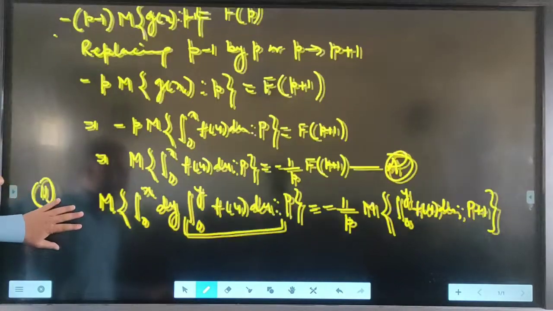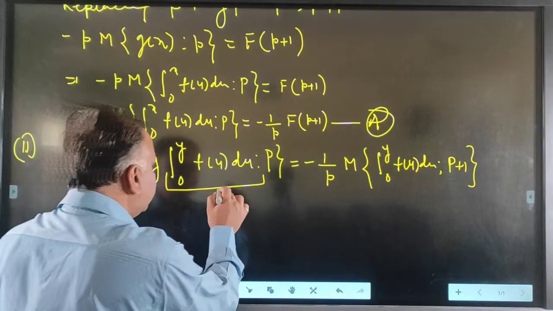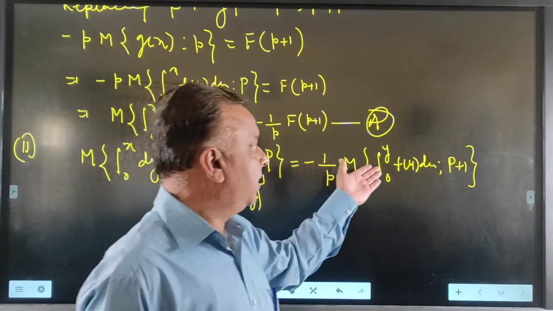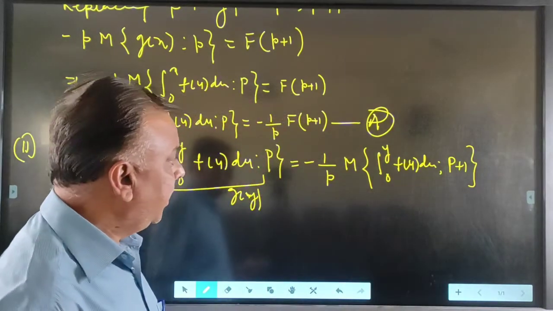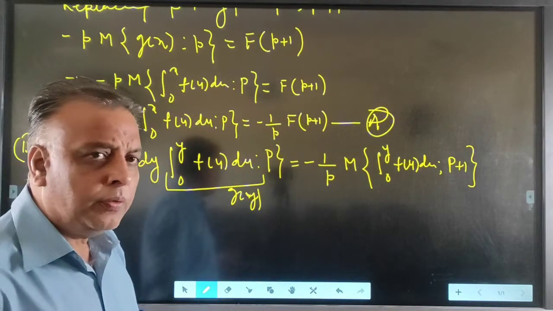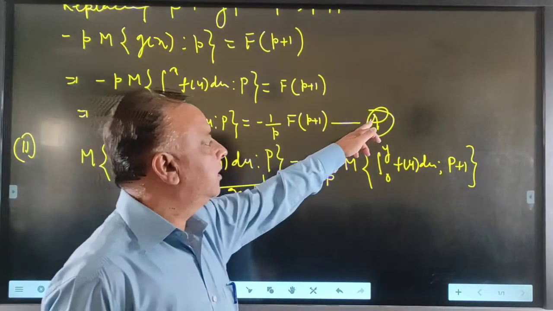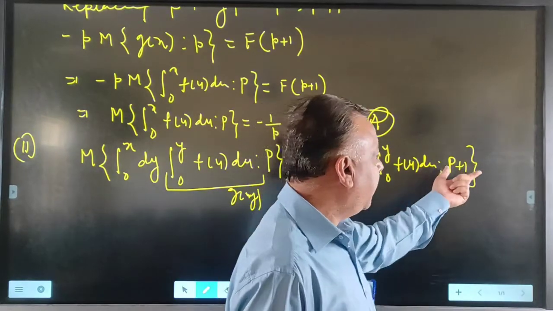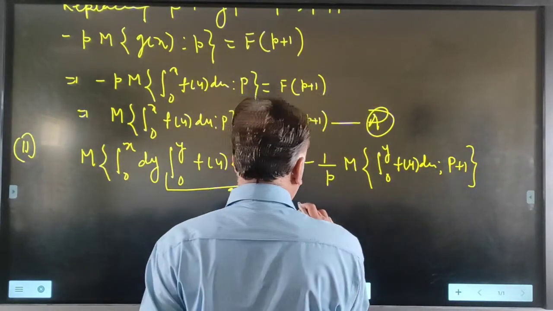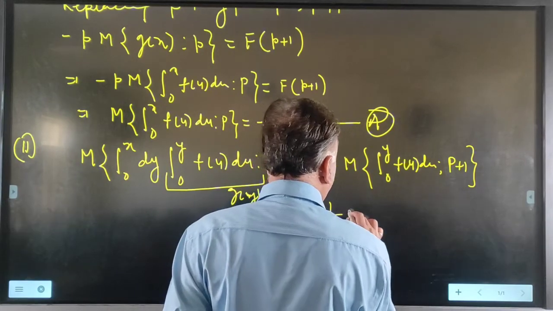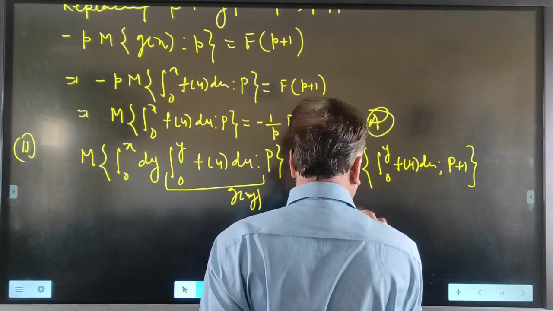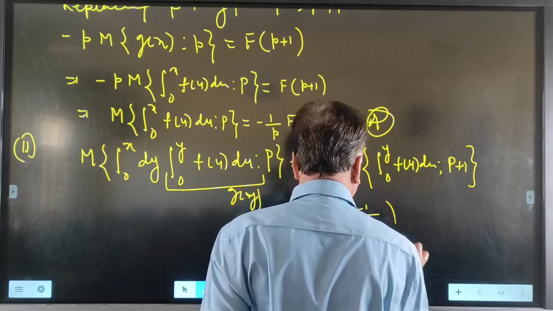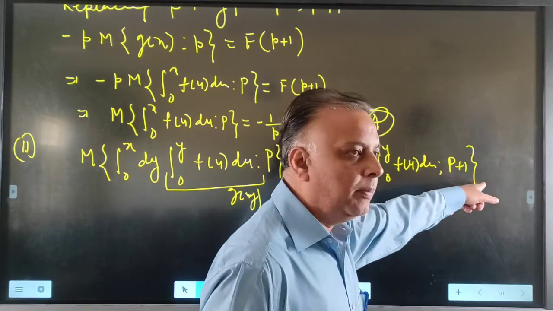Again applying result a, the Mellin transform of this integral is minus of 1 upon p plus 1, because the parameter is p plus 1.